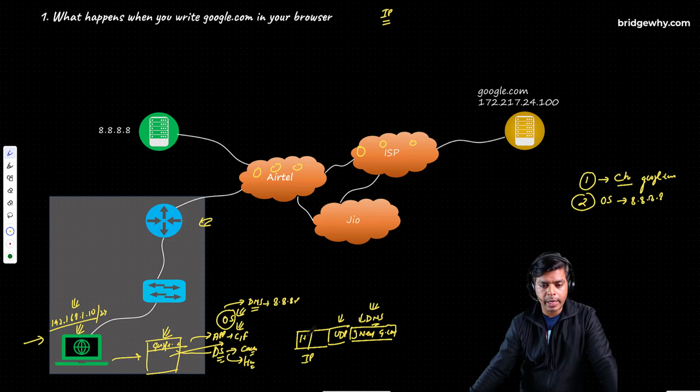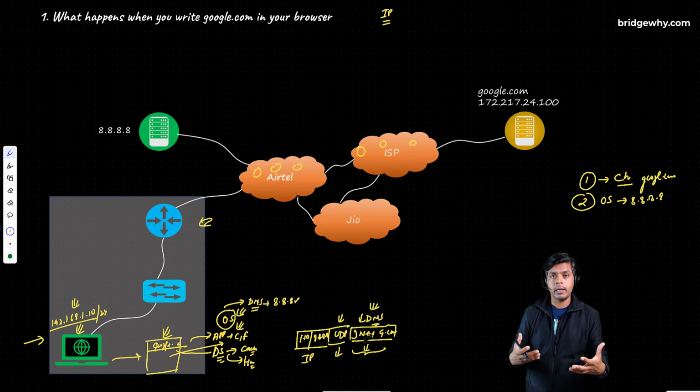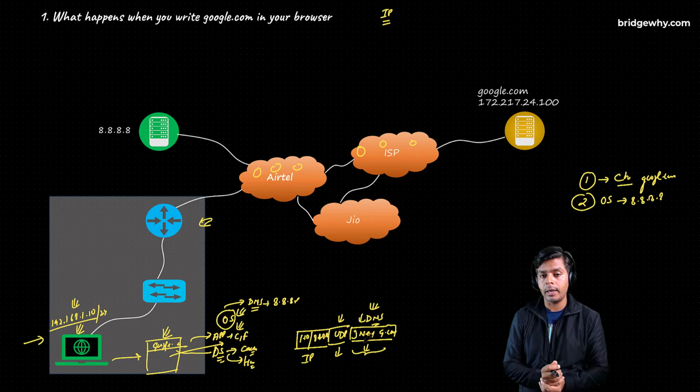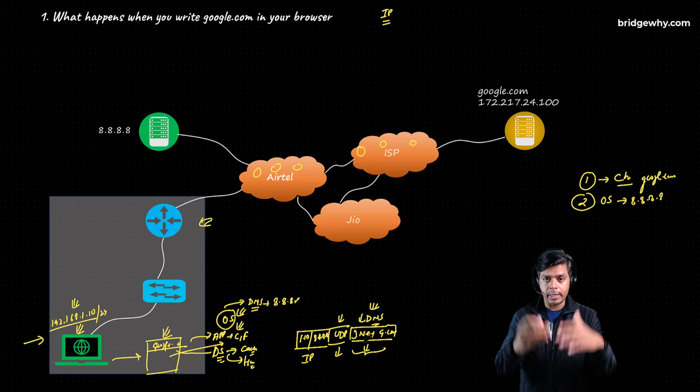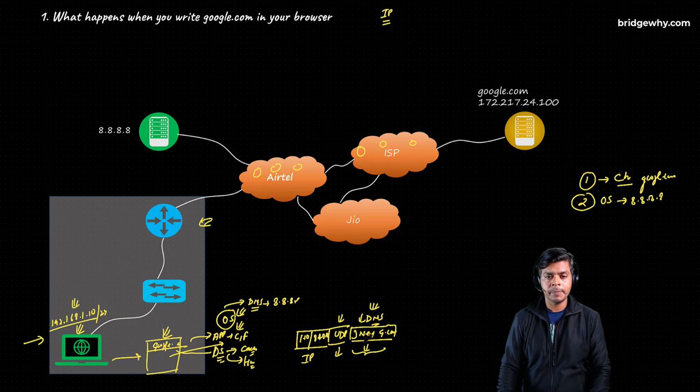I am just writing the last 2 octets of the IP address. 1.10 means 192.168.1.10, and the destination will be 8.8.8.8. As simple as that, right? This is my IP header, this is my UDP header, this is my actual packet, and by this time, I believe that you understand the encapsulation and how it works, right?